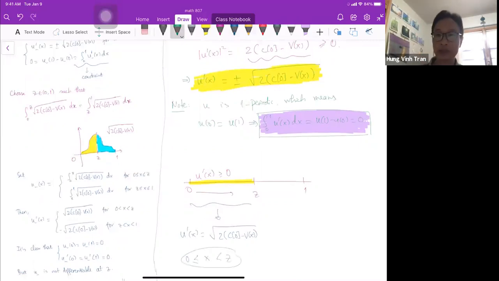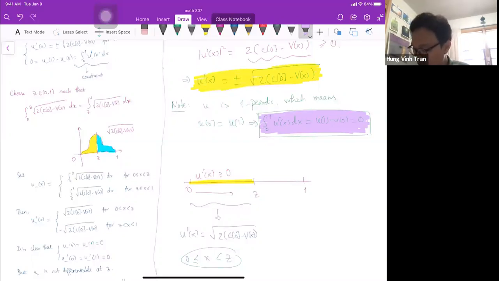So in some part of the interval, I chose u prime to be always non-negative. So I'm going up, right? U is increasing. Then up to some point, I have to stop and switch to the negative branch so that they balance things out.